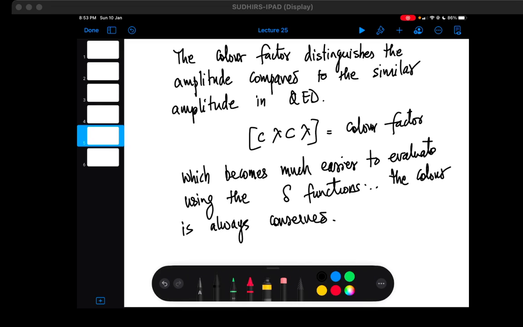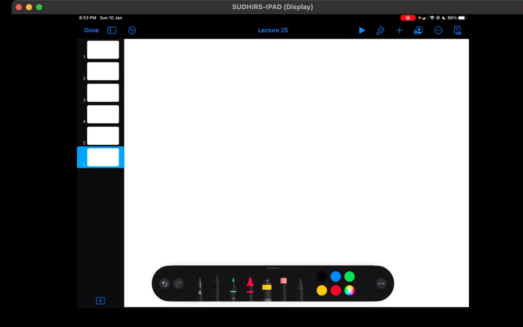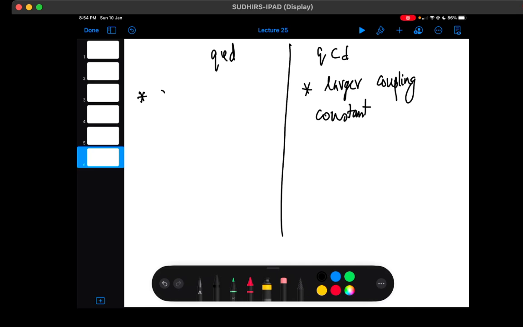If you want to compare QED versus QCD amplitudes, first, here we have a larger coupling constant. Here you have a smaller coupling constant.